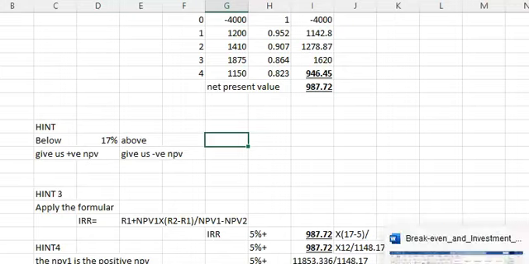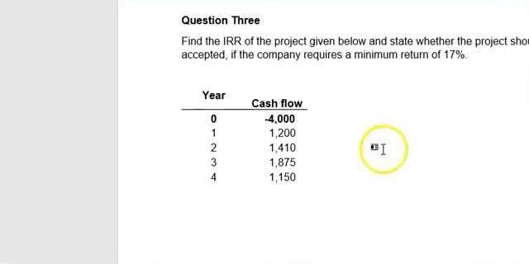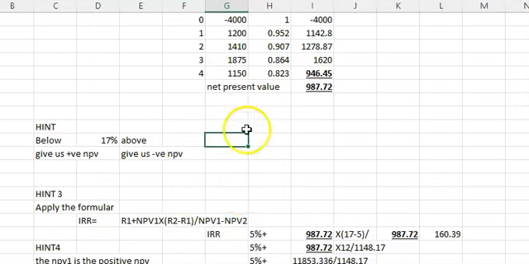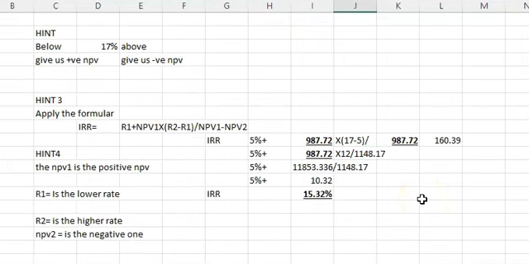Of course the question is this one. This is the question that we were given. So we were given 17. So for us to get a positive answer, we had to get a number that is below 17. So we got 5%.